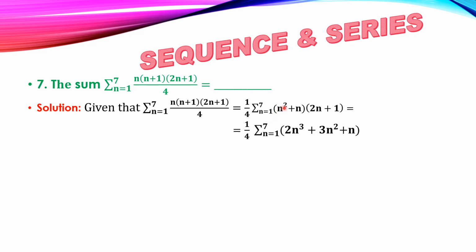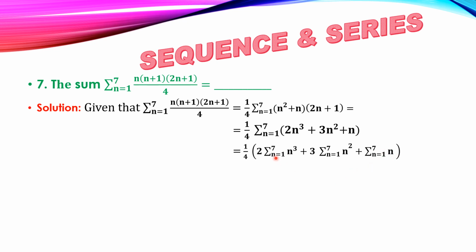Multiply n square with 2n, that is 2n cube, and n square into 1, n square, plus n into 2n, 2n square. The sum of these two is 3n square, plus n into 1 is n. And the next one is 1 by 4 into, now the summation is separated into each term: 2 is constant, 2 into summation n cube, plus 3 into summation n square, plus summation n, for n equals 1 to 7.